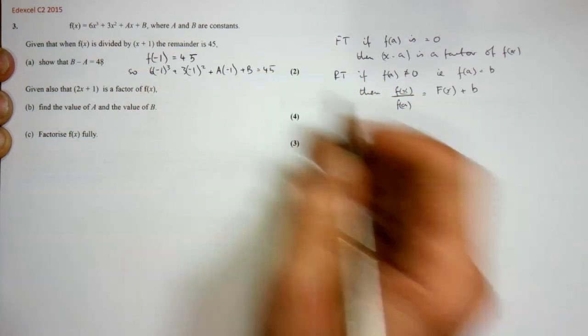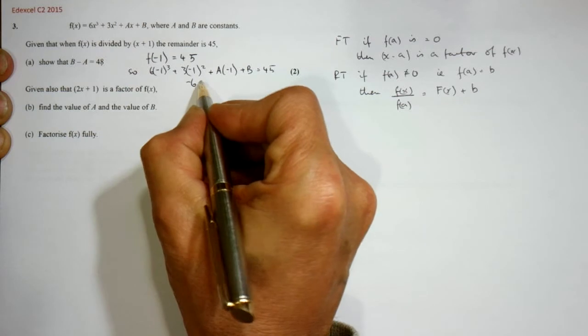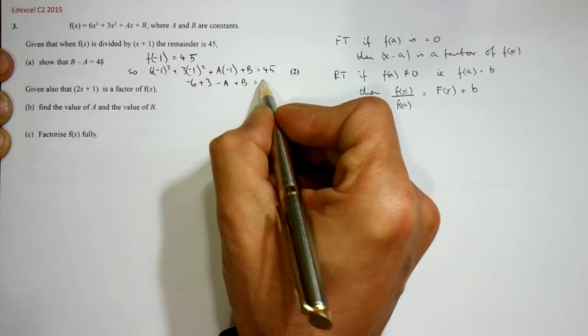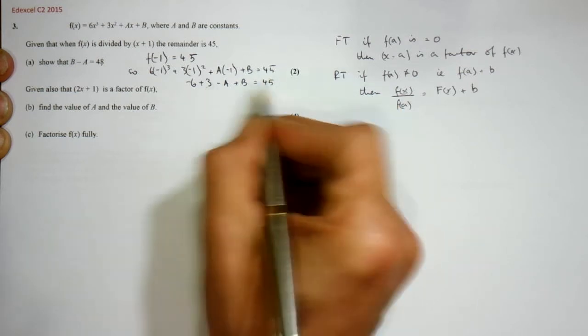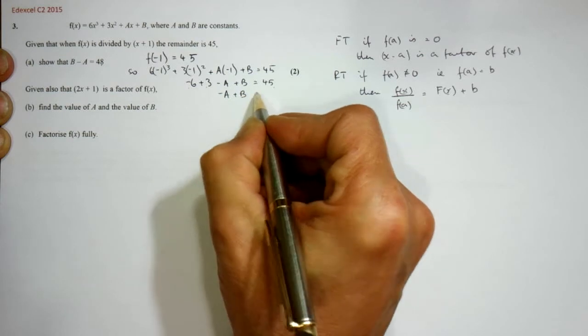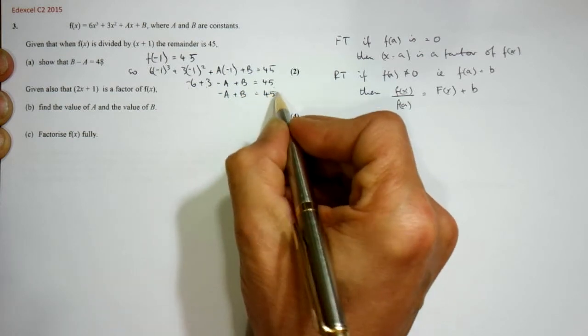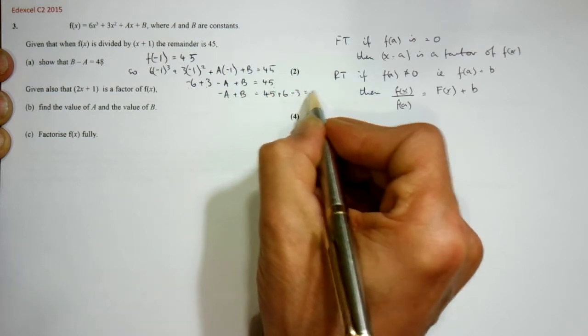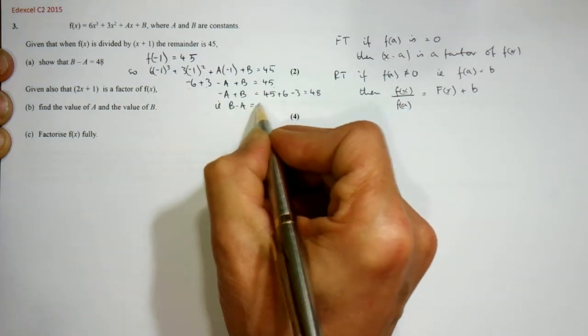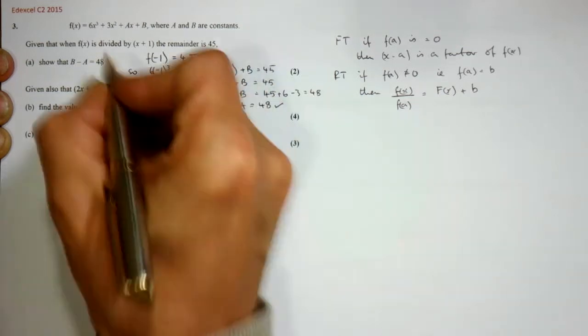Multiplying these out and rearranging, we get minus 6 plus 3, take away a, plus b equals 45. So take away 3 is 42, add the 6 is 48: minus a plus b equals 48, i.e. b minus a equals 48. And we've done that, show that.